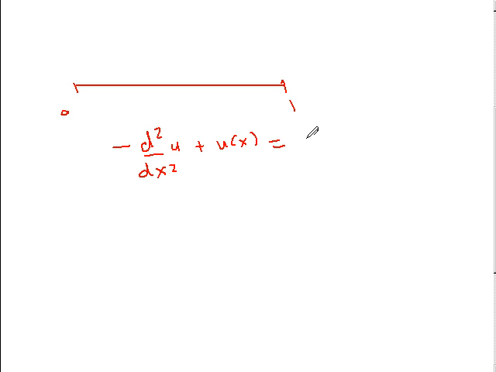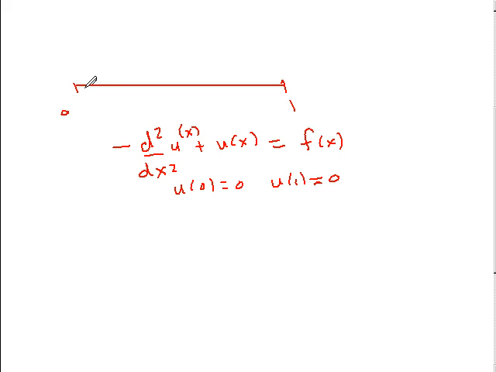So suppose I have a problem on the interval 0, 1, with minus the second derivative of u plus the first derivative of u equals some function of x. And furthermore, u of 0 is 0, and u of 1 is 0.